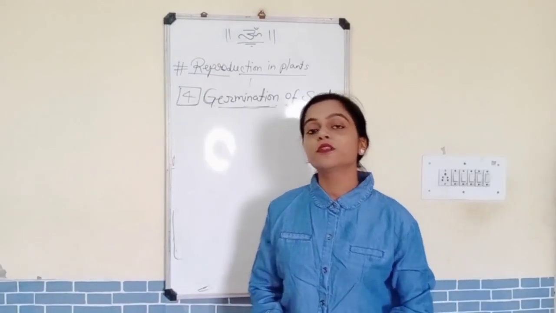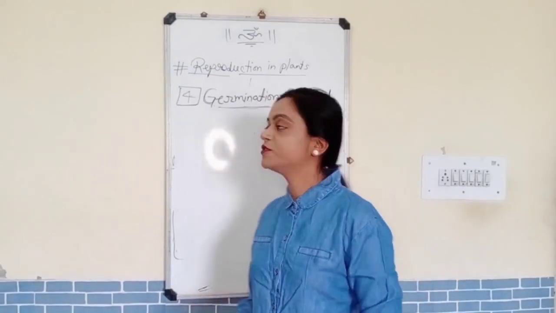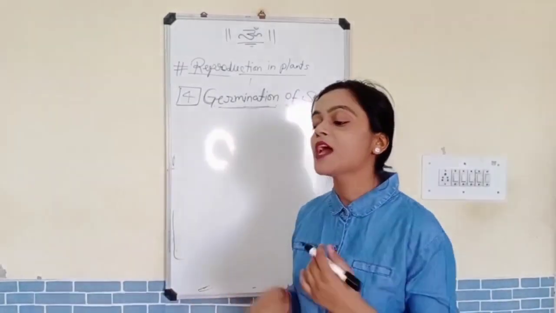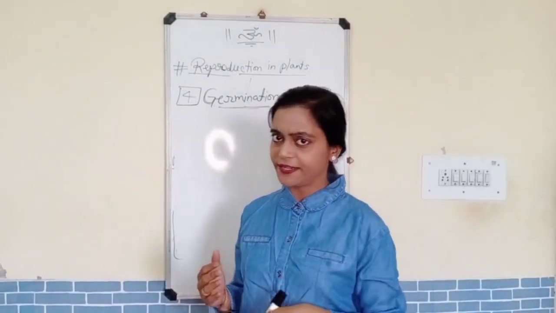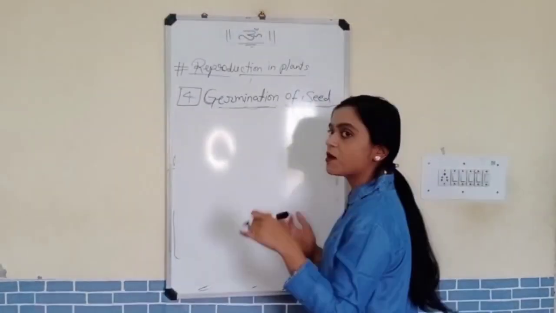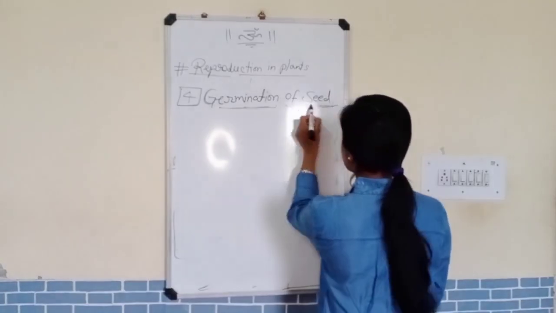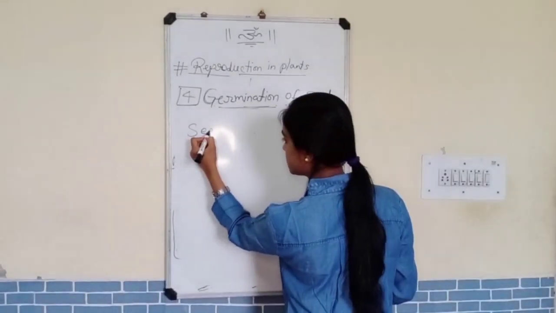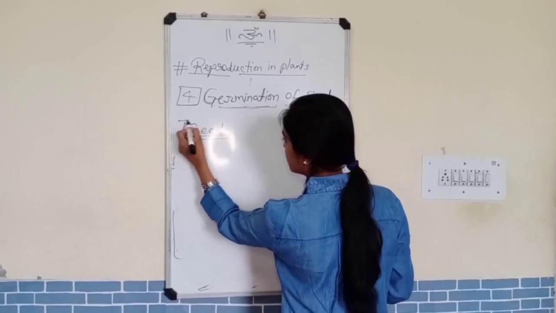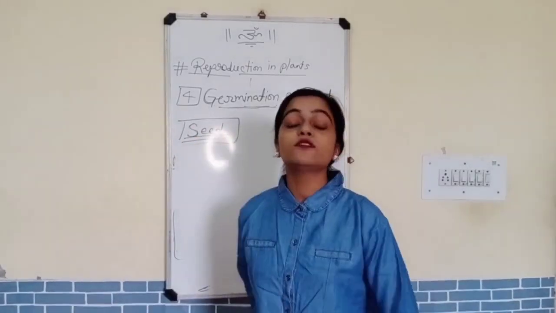Now, the fourth and last step of reproduction is the germination of seed. We have learnt how a fruit is generated and how a seed is formed, but what about after that? So, seed. What do you know about seeds?